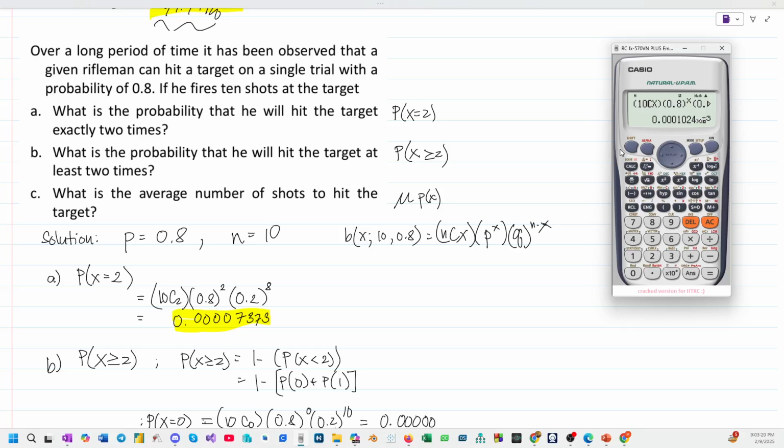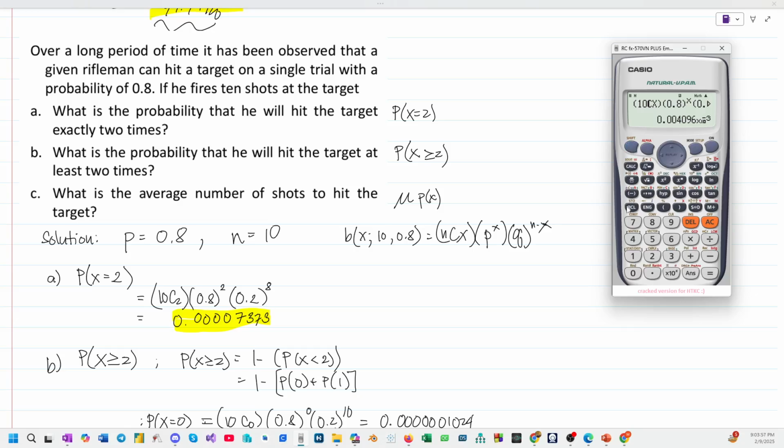So, iba siya. And then, 1 minus lang natin yan.